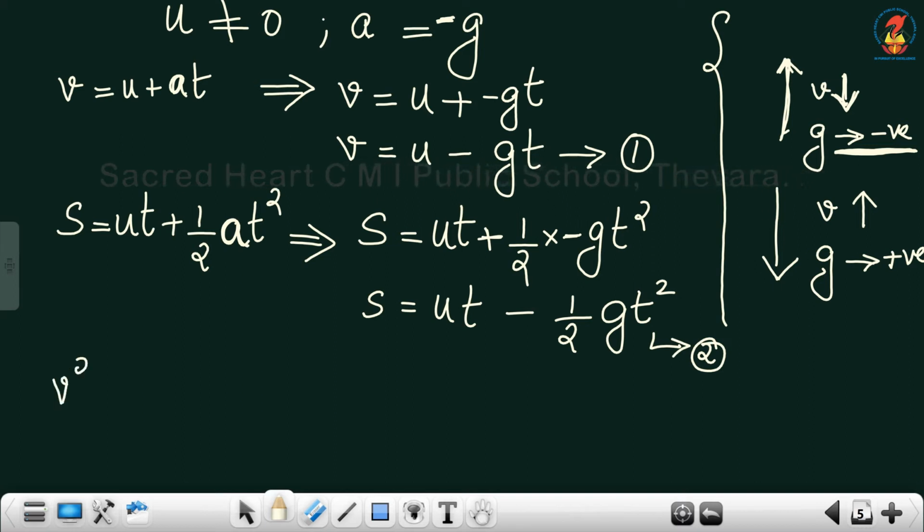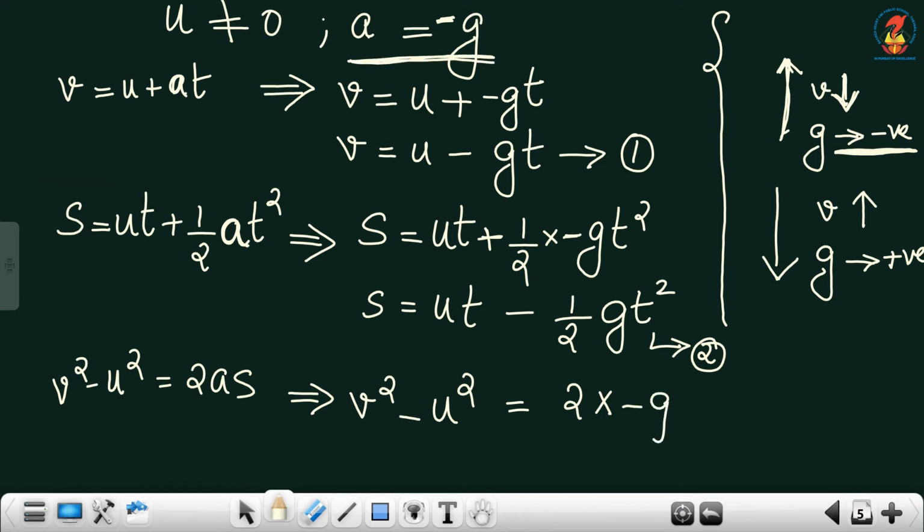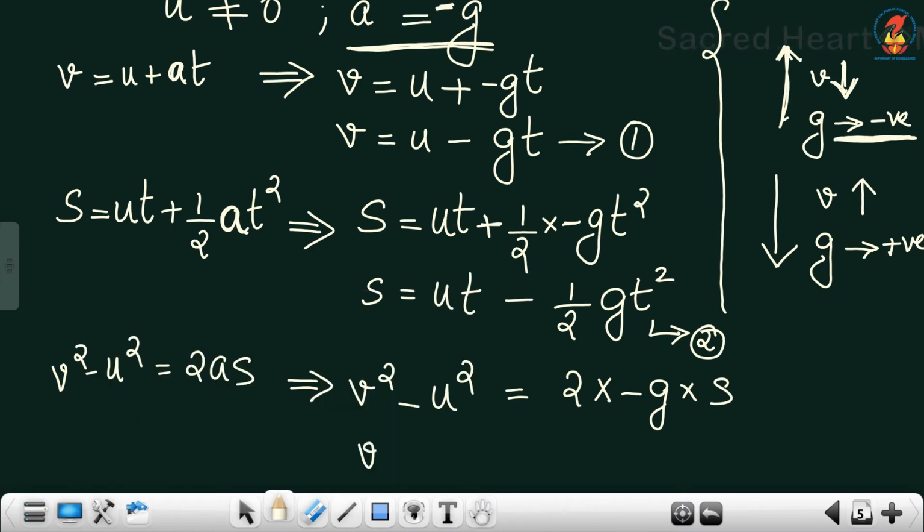Now the third equation is v square minus u square is equal to 2as. That is v square minus u square is equal to 2 into, instead of a substitute minus g, into s. So equation becomes v square minus u square is equal to minus 2gs.